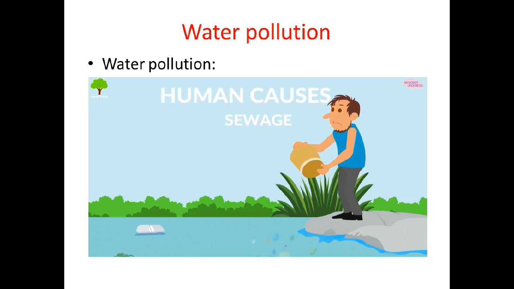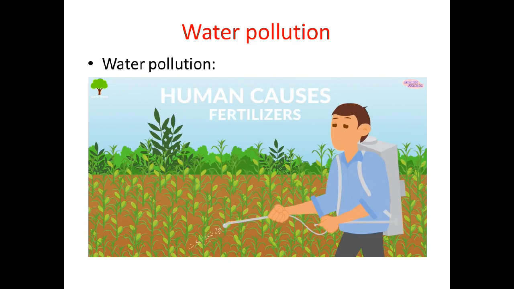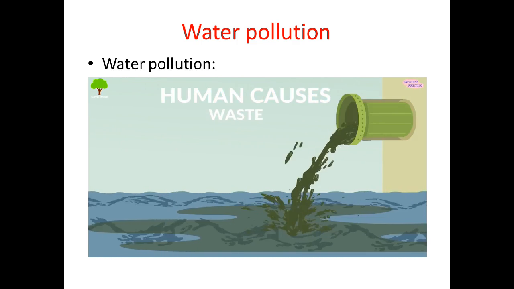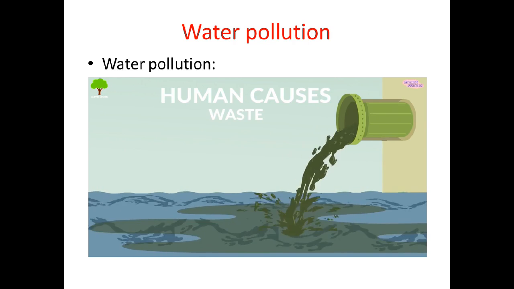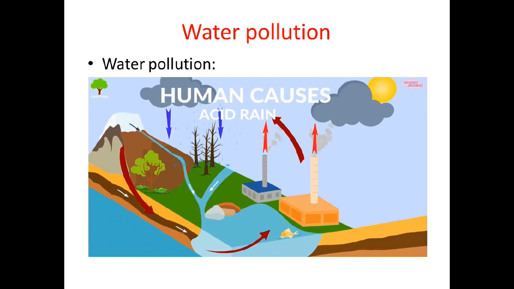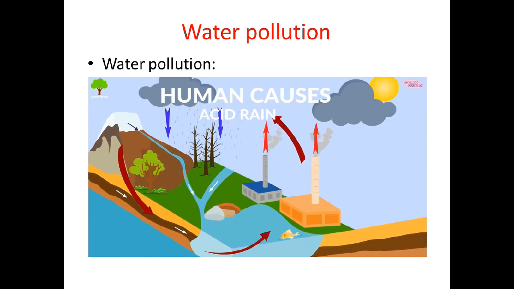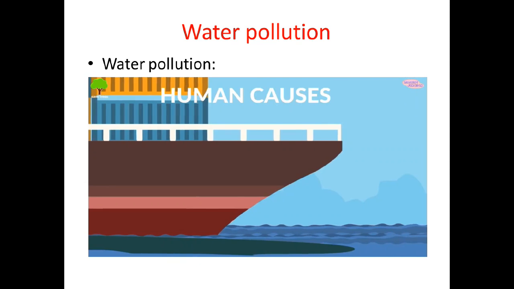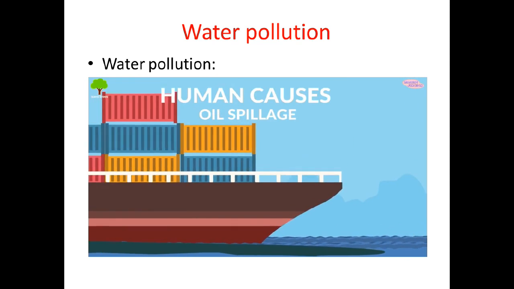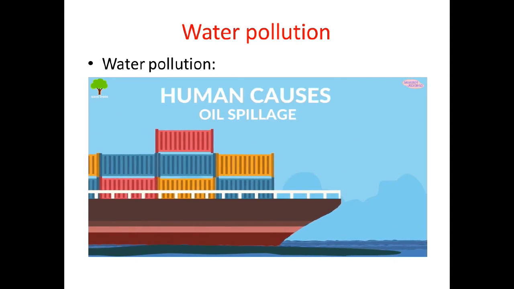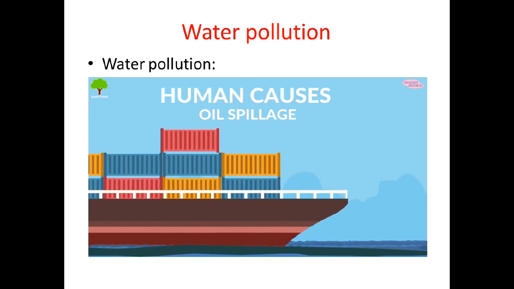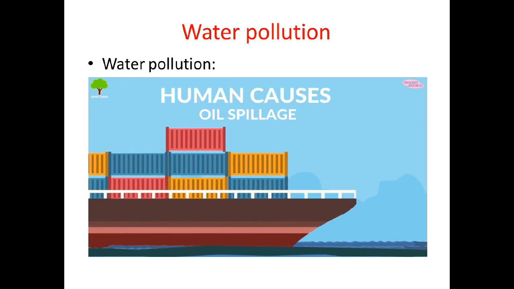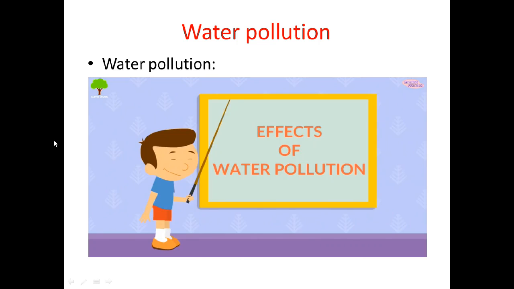Human causes or artificial causes include sewage, fertilizers which are added to the soil, chemical wastes which are released from factories, acidic rains which are produced from some harmful gases like nitrogen oxides, and oil spillage or leakage of oil from transportation means which move in water like ships.